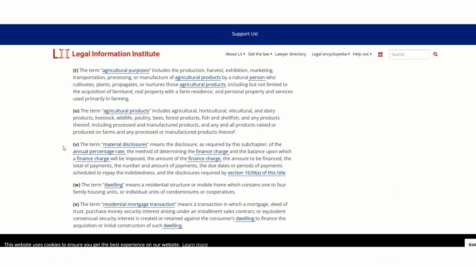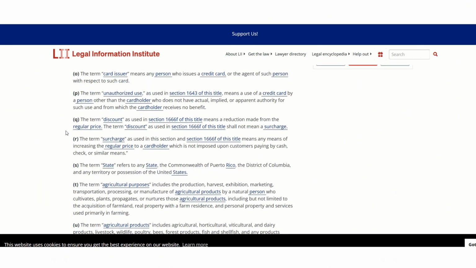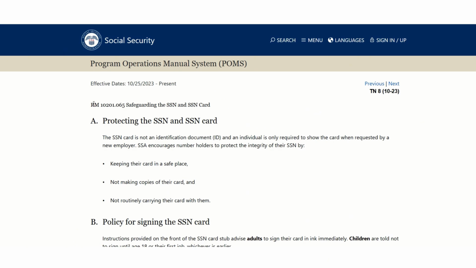All right, so now let me help you understand the Social Security number. So right here, protecting the Social Security number and Social Security number card. And this is cited as RM 10201.065. You could Google this, and this right here will pop up, right? And that's what it says.